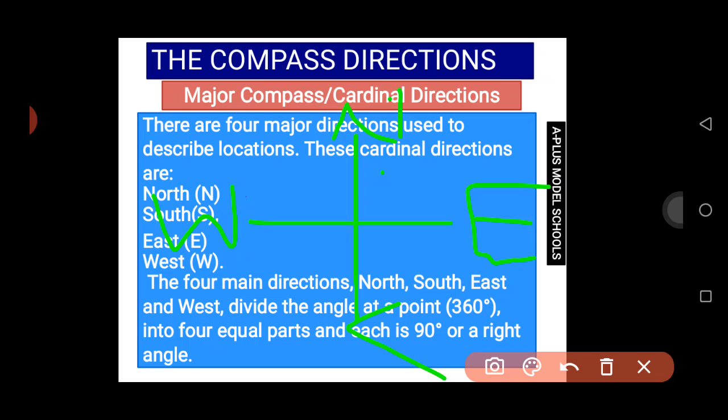So these are the four major cardinal directions that we have, and each of the directions is divided into four parts. Each of the parts has an angle of 90 degrees, which are right angles. So each of the parts is 90 degrees, which sums to 360 degrees.